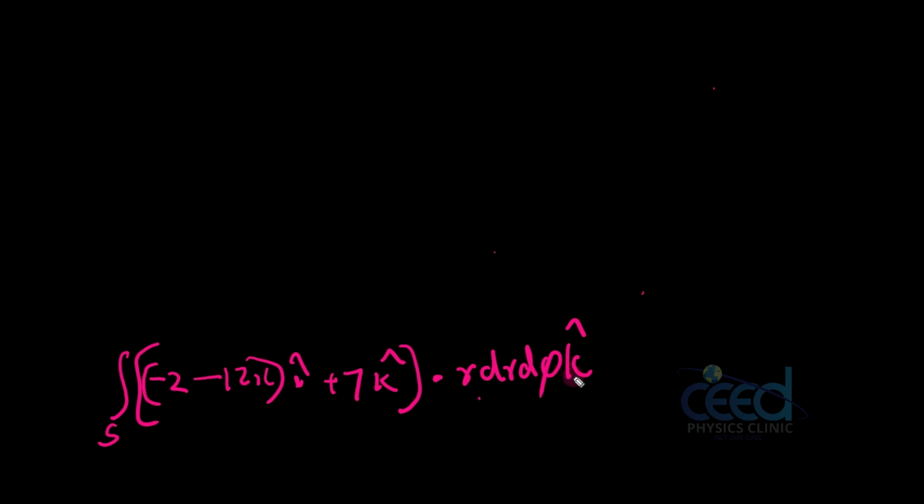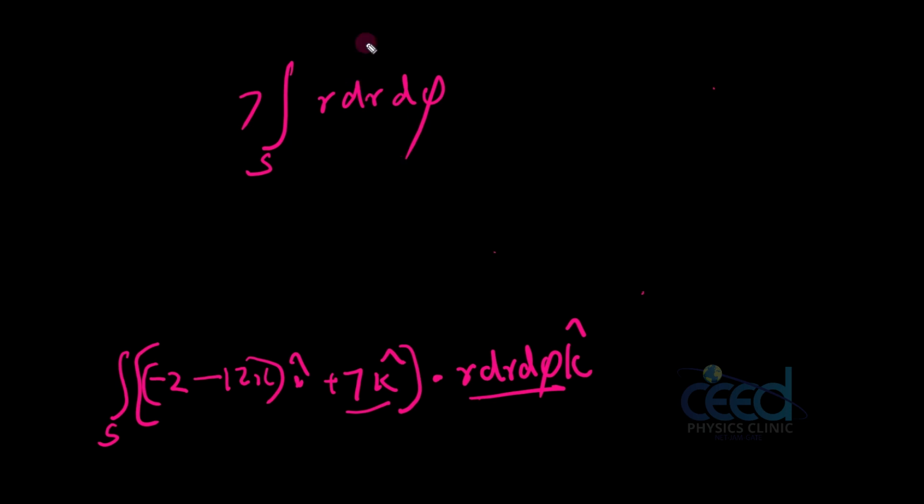If I take the dot product, that is 7 times the surface integral, and 7 we can take out, of r dr d phi. Now what is the limit?